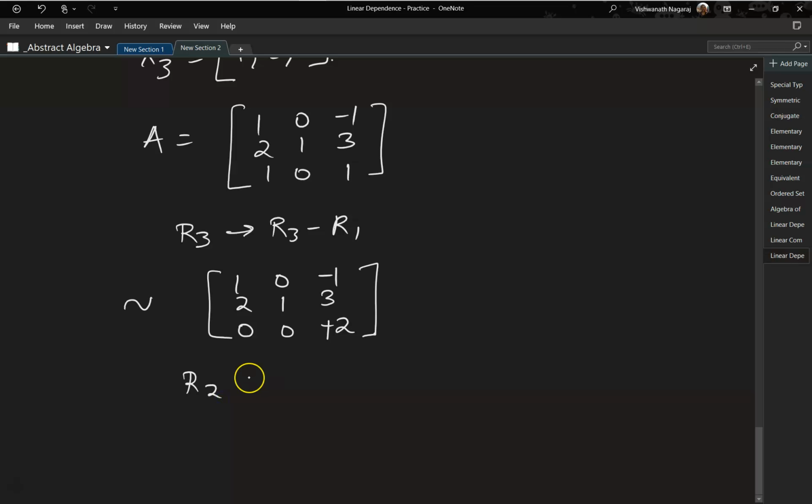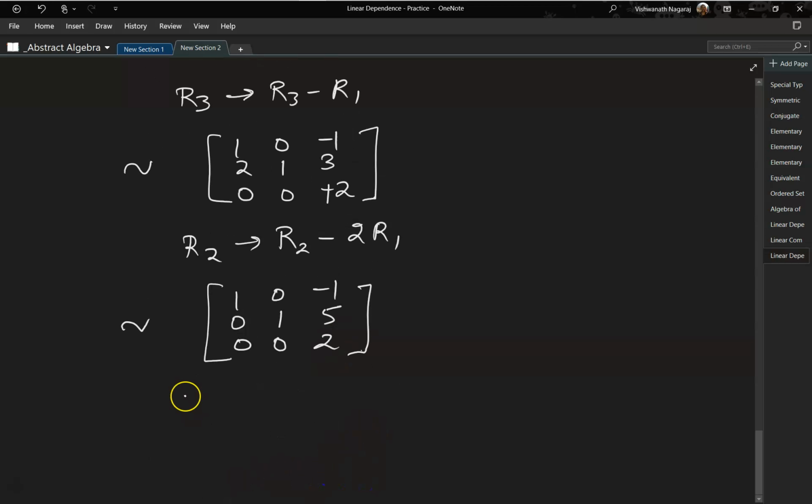So R2 replaced by R2 minus 2R1. So the equivalent matrix would be 1 0 minus 1. This would become 2 minus 2, 0, 1 minus 0, 1, and then 3 plus 2 would become 5, 0 0 2.